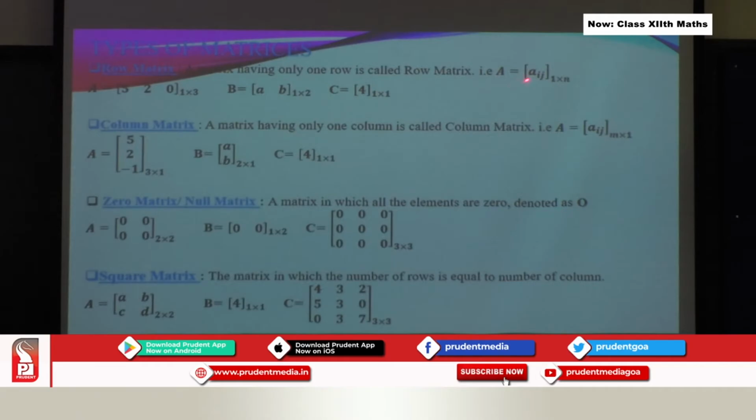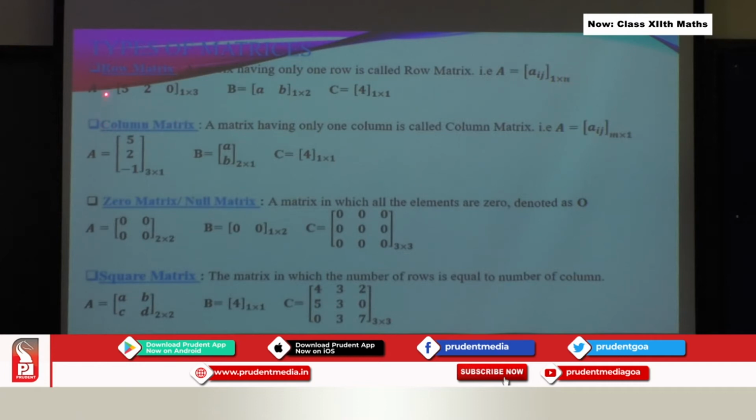If you look at A equals Aij and the order, you see only one row, so m is equal to 1, but you can have n number of columns. So the order of a row matrix is always 1 cross n.